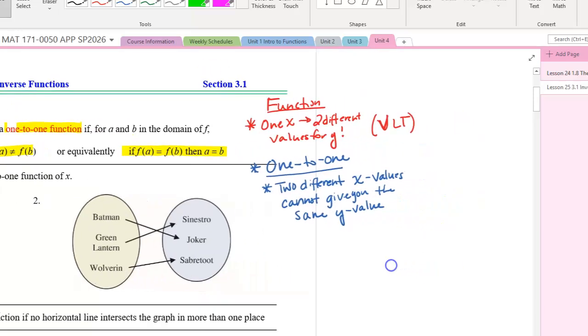And where we had the vertical line test for whether a relationship is a function, we can use a horizontal line test to determine whether a function is one-to-one.